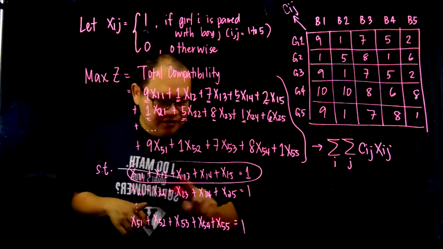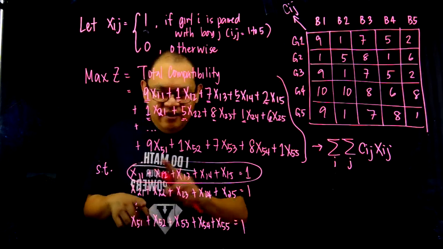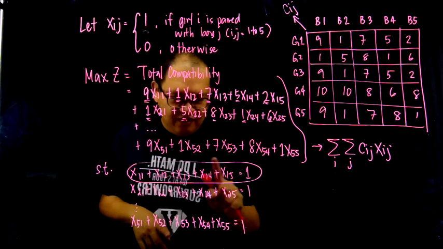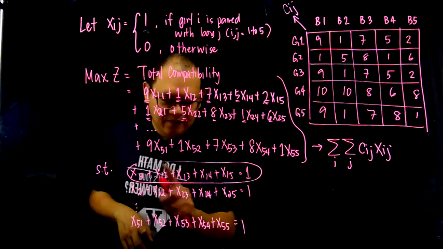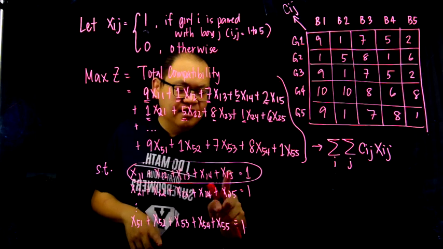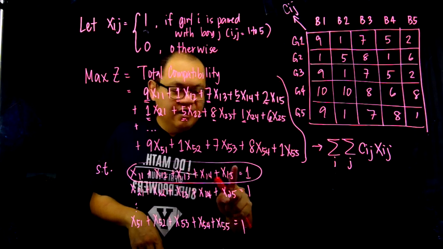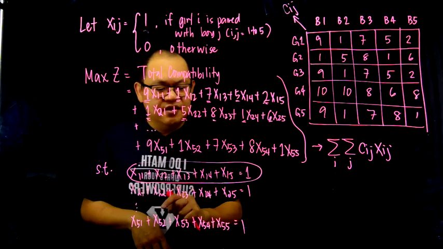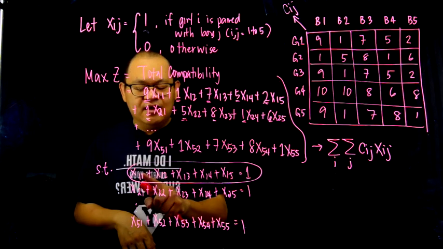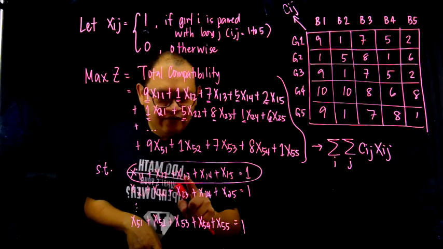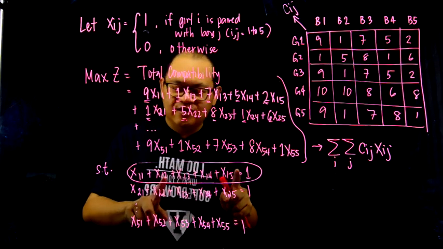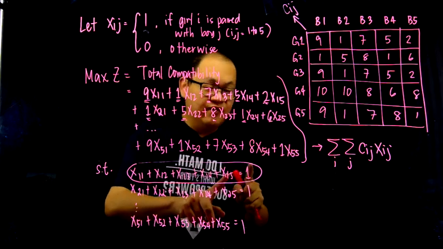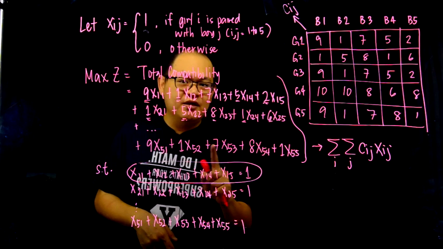And if you try to understand the constraint here, if you're getting the sum of everything, and each variable here can only be either 1 or 0, and you're restricting the sum to be equal to 1, then what are you saying? What you are saying is that only one of the 5, so x11, x12, x13, x14, and x15, only one of them can be equal to 1.